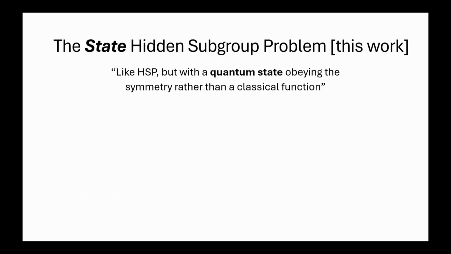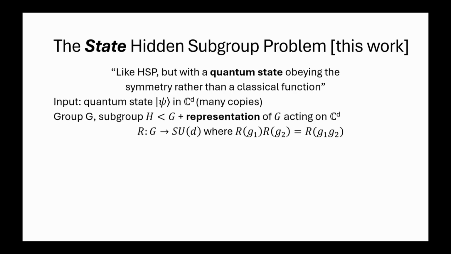Okay. So in this work, we start by defining a quantum state version of the hidden subgroup problem, which is basically just like the standard hidden subgroup problem. But instead of having a classical function obeying some symmetries, we have a quantum state obeying some symmetries. In particular, our input is a quantum state psi living in, say, a d-dimensional Hilbert space. We get many copies of it.